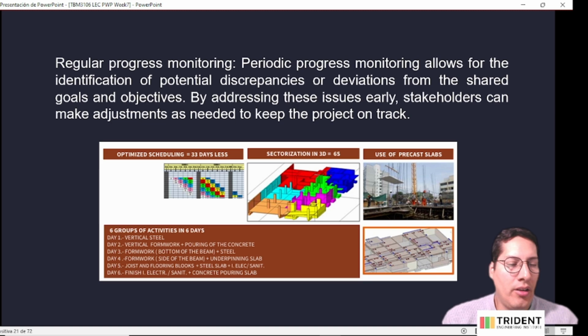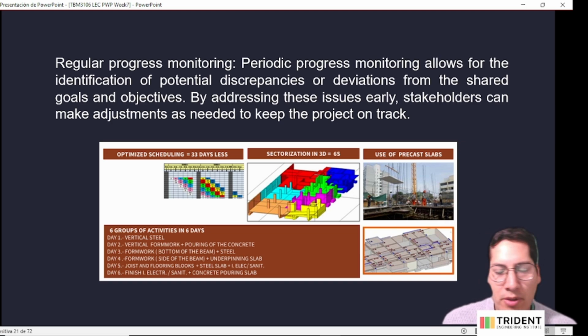And to do this, we need to have regular progress monitoring. Periodic progress monitoring allows for the identification of potential discrepancies or deviations from the shared goals and objectives. By addressing these issues early, the stakeholders can make adjustments as needed to keep the project on track.